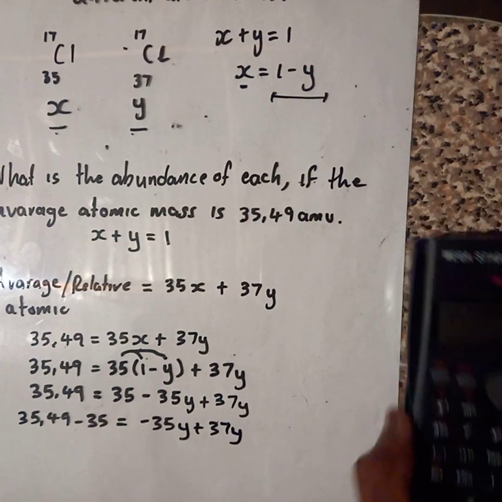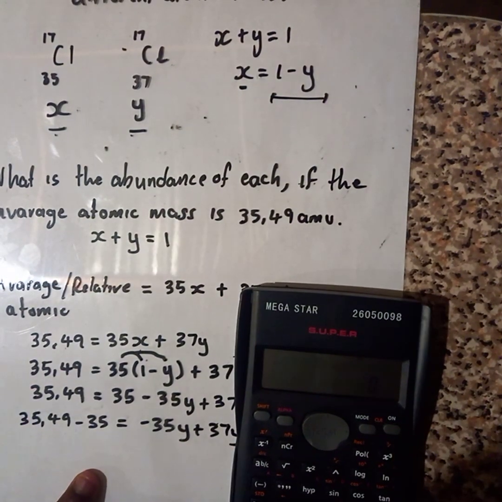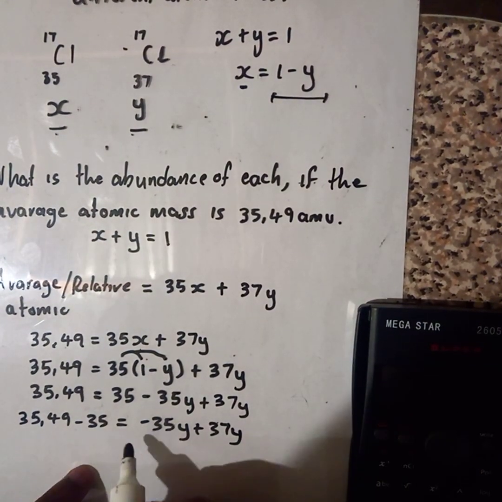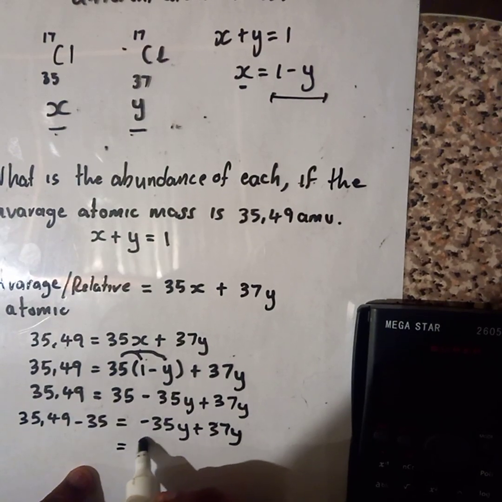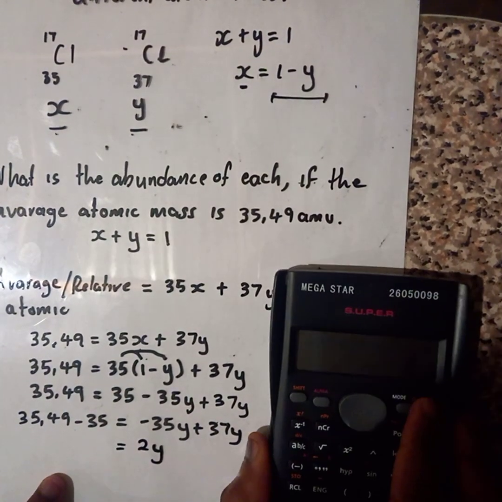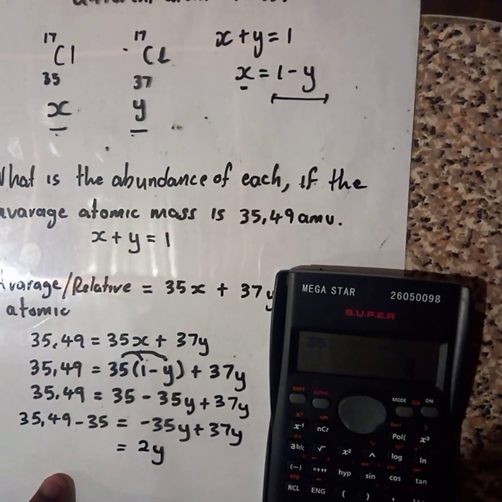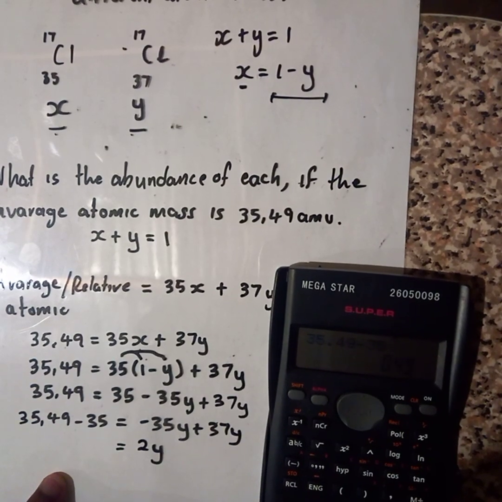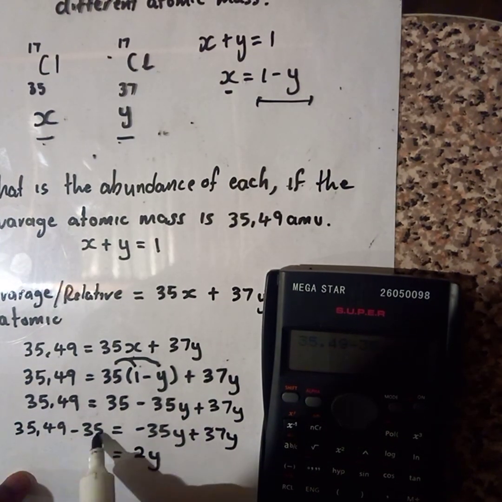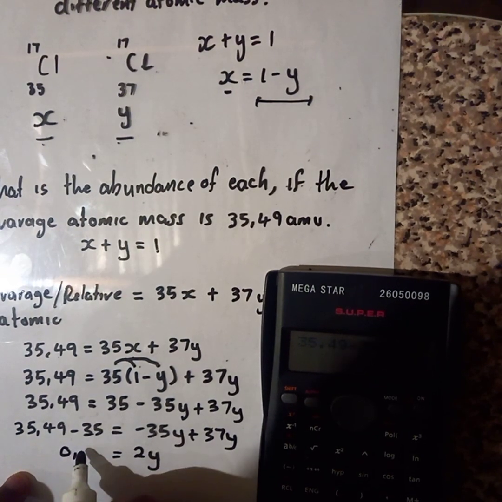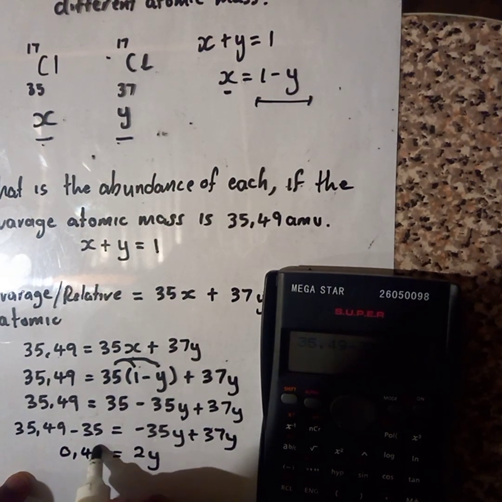Using a calculator, negative 35 plus 37 gives 2, so we get 2y. Then 35.49 minus 35 gives 0.49.